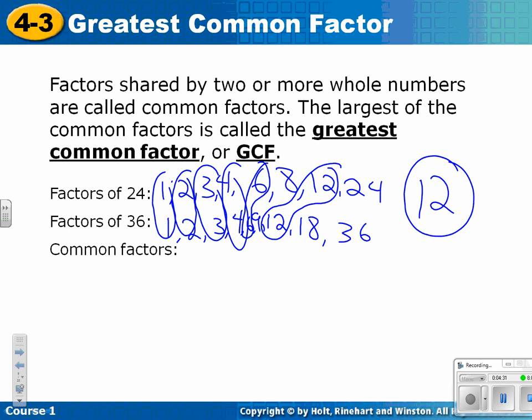Here's what we're going to do. We're going to have a race. The class against me. Okay? I'm going to bring up 3 numbers.